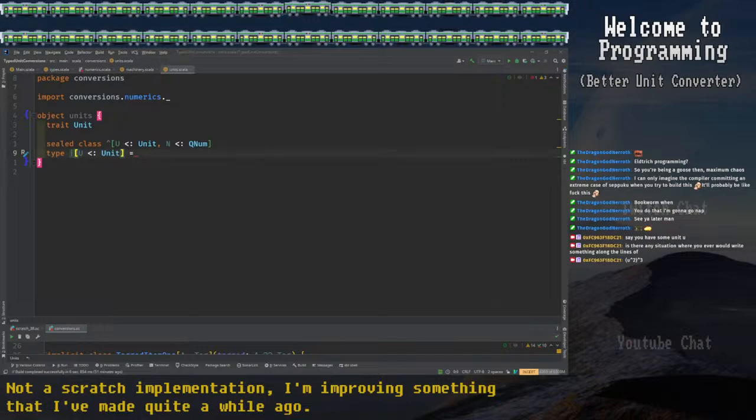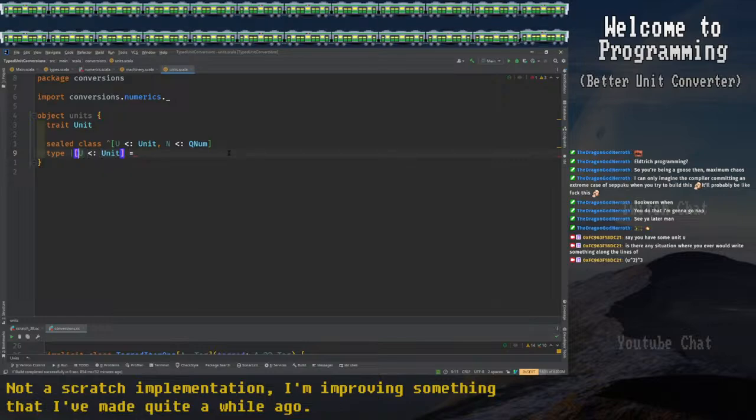Hopefully, I don't think the answer is yes. I'll work on the assumption that the answer is no, in which case, I may be able to make things a little more streamlined.